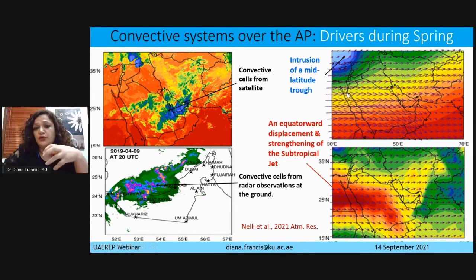We noticed that for all these cases, the two common features that are present are especially an intrusion of a mid-latitude trough that will trigger the convection at the border here. And we have an equator-ward displacement of the subtropical jet that also favors the development of convection and its drift toward the UAE and southern peninsula.